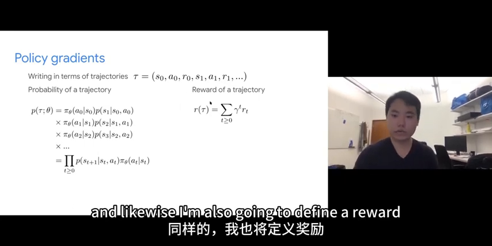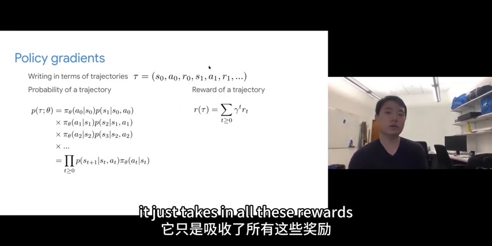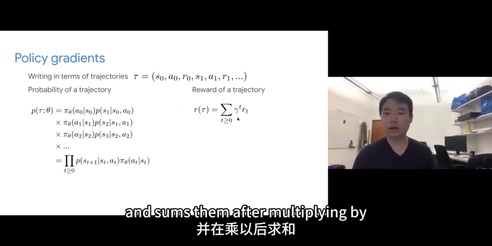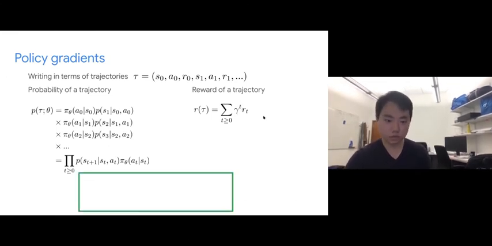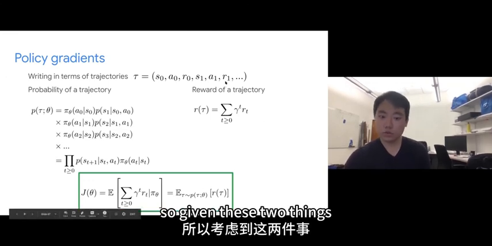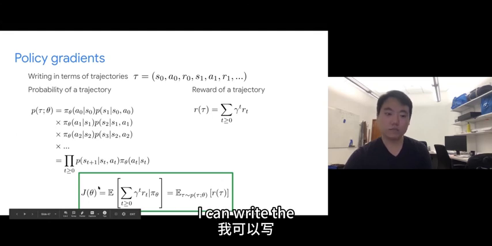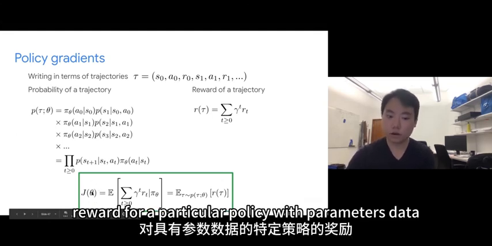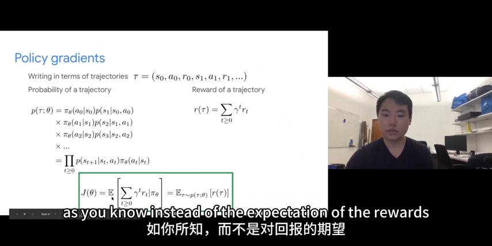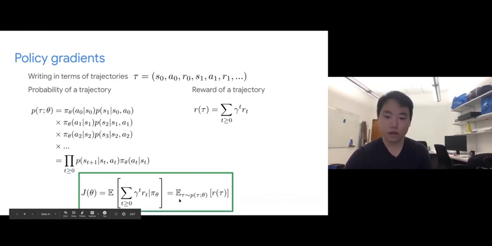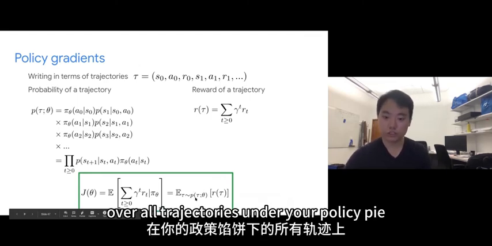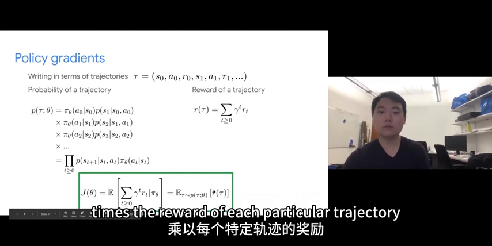Likewise, I'm also going to define the reward of these trajectories, which is very simple. It just takes all these rewards and sums them after multiplying by your discount factor to the power of t. Given these two things, I can write the reward for a particular policy with parameters theta as, instead of the expectation of the rewards under this policy, the expectation over trajectories sampled from your probability distribution over all trajectories under your policy pi, times the reward of each particular trajectory.